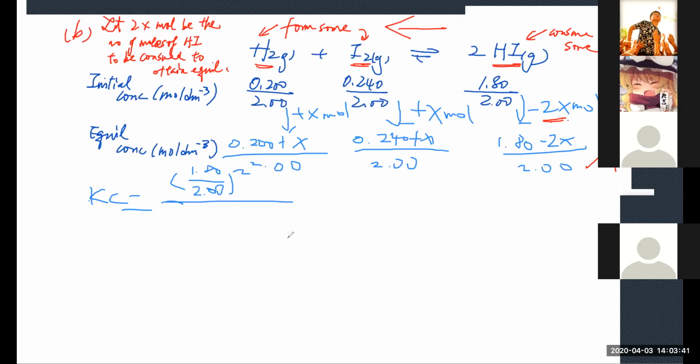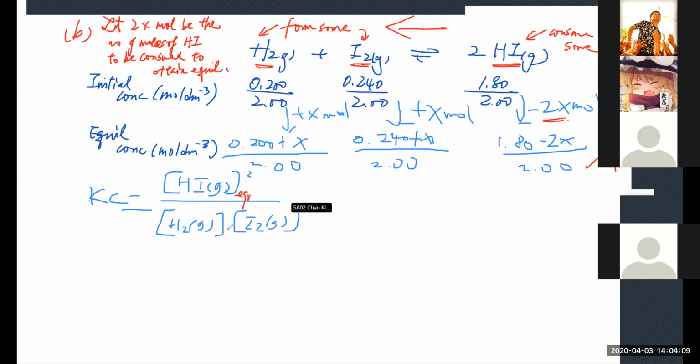Second part. Show me the Kc expression first of all. Remember all those three, they are referring to equilibrium concentration.